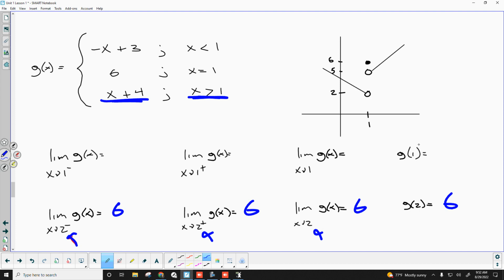We already have these answers down. We already wrote them down, but now it's the same questions coming at you using different notation.